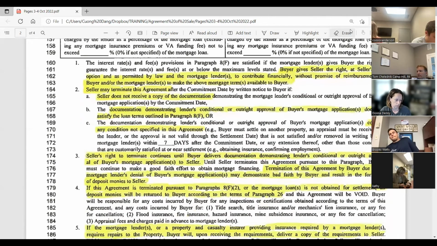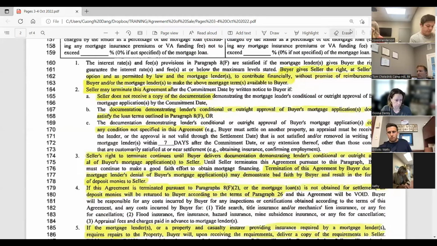C, the third item. The documentation demonstrating lender's conditional or outright approval of a buyer's mortgage application contains any condition not specified in this agreement. Examples: buyer must sell another property; an appraisal must be received by the lender; or the approval is not valid through the settlement date; that is not satisfied and/or removed in writing by the mortgage lender within 7 days after the commitment date or any extension thereof, other than those conditions that are customarily satisfied at or near settlement, like obtaining insurance or confirming employment.